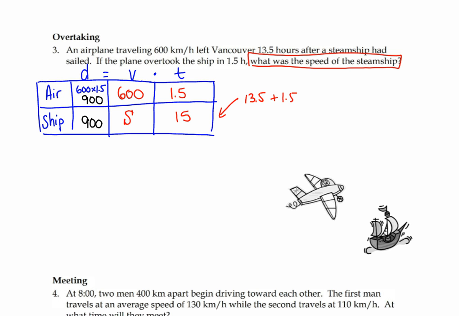So 900 equals, how is the distance, speed, and time of the ship related? Distance equals speed times time. So then 900 is equal to 15 times s.